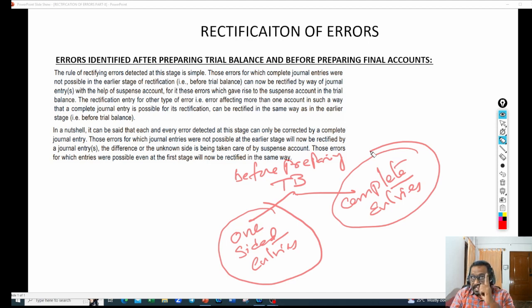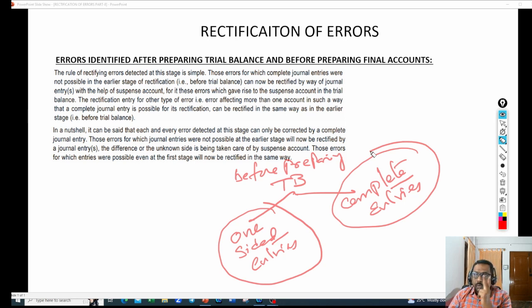Now, the second reason is since those errors are identified before preparing the trial balance, and also those errors have impact on single accounts, one-sided entries are posted. Repeating again, this is a very important point, guys. Why are one-sided entries posted in the first stage?